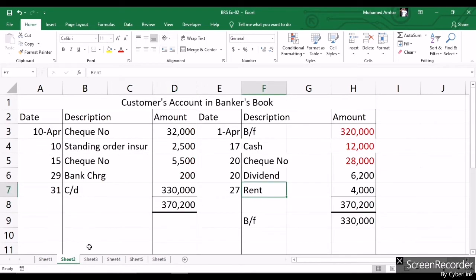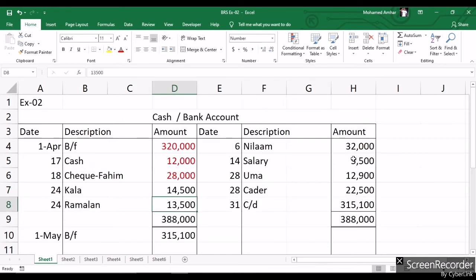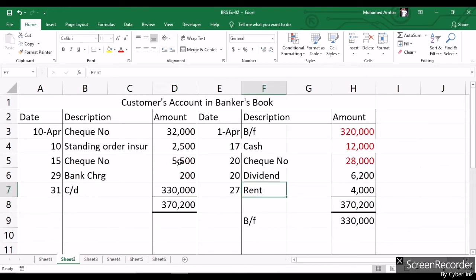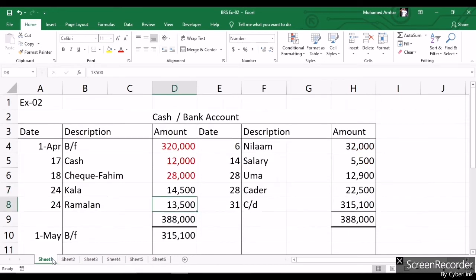bank's accounts, the credit side, two differences we found. Now we shall check the cash book credit side with the banker's account debit side, right? One by one. One check is issued to Nilam 32,000.